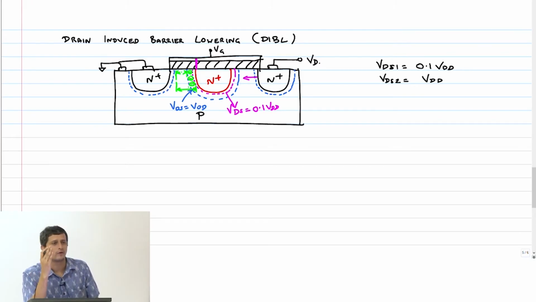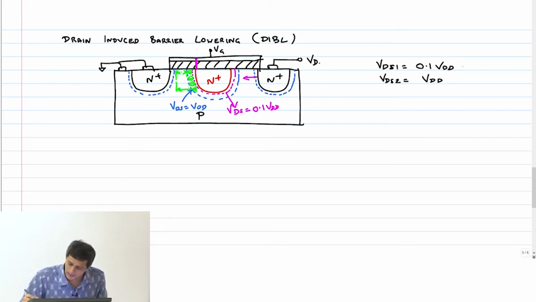Now, if VDS is very small, and VGS is fixed, let's say, what region of operation is the transistor in? If VDS is very small, VGS is quite large, linear region.